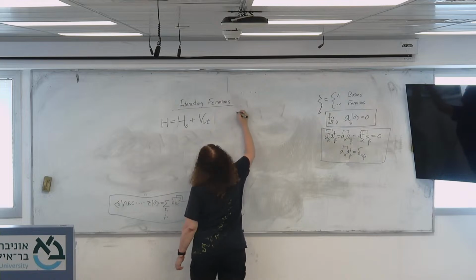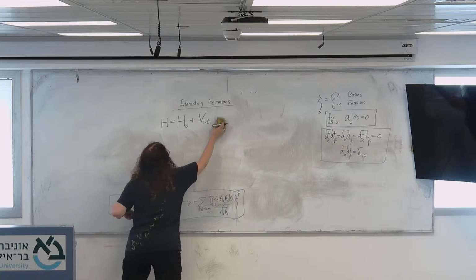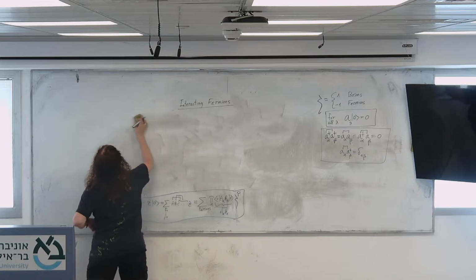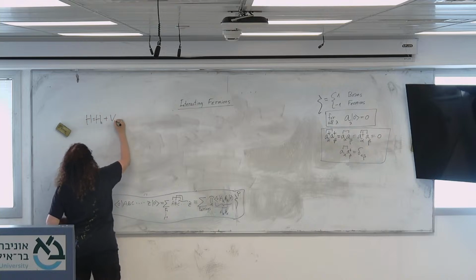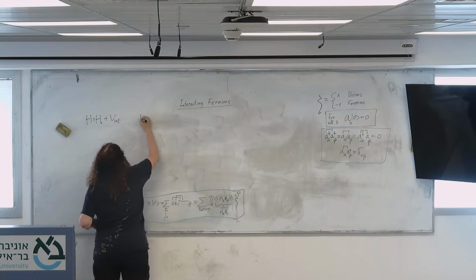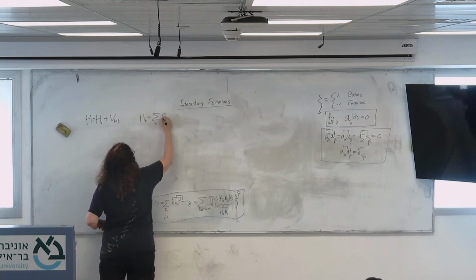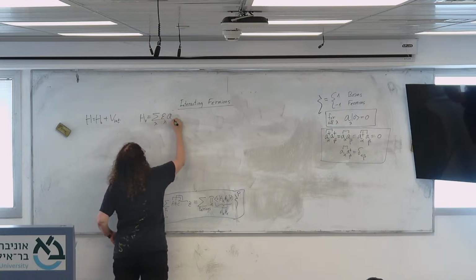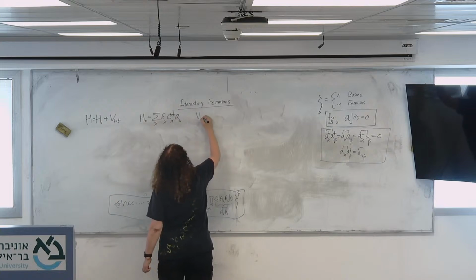Okay, so in fact, I want to write the Hamiltonian right here. Let's begin. H naught is the sum over lambda of epsilon lambda A lambda dagger A lambda, and, begin.